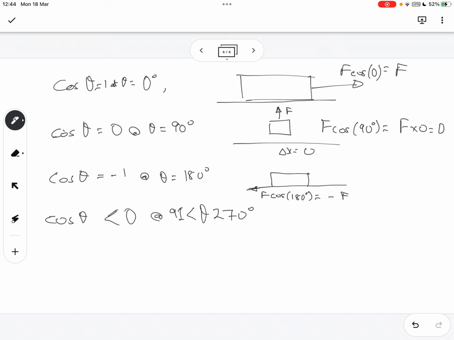And cos theta is greater than 0 for theta from 0 degrees to 89.